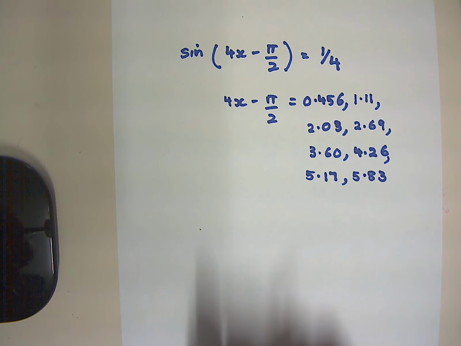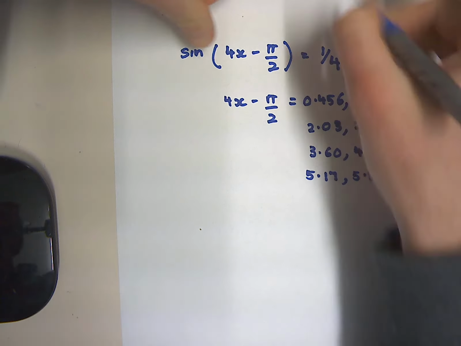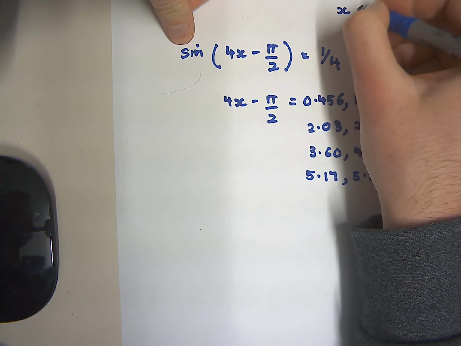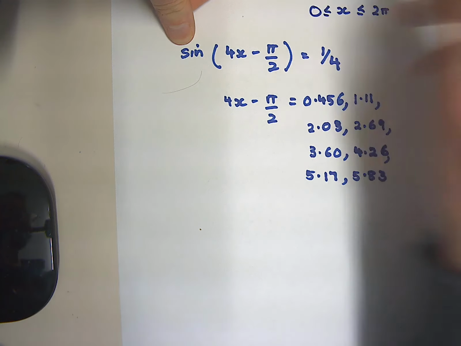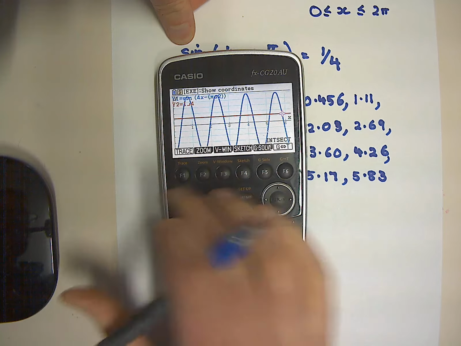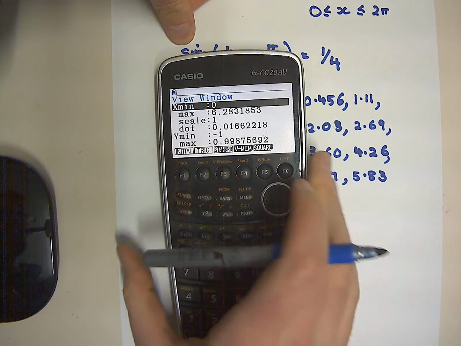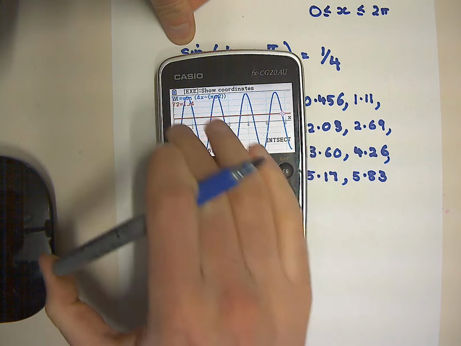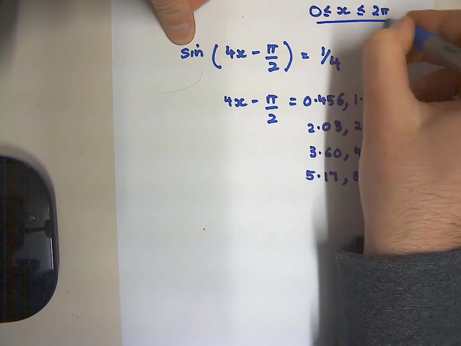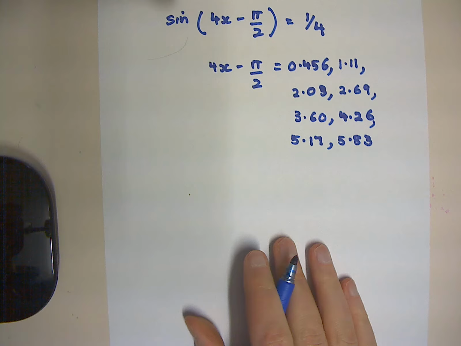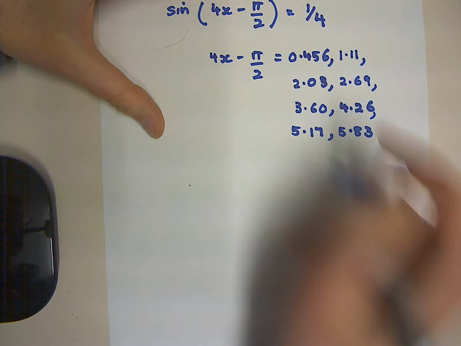Now, they're all the solutions for x between 0 and 2π. So in this case, I don't need to add my k2π. If I'm told that x is between 0 and 2π, I just make sure that my view window goes between 0 and 2π, and then my screen will show me all the intersections for this domain. So there's no need to add the k2π as long as you're told the domain.